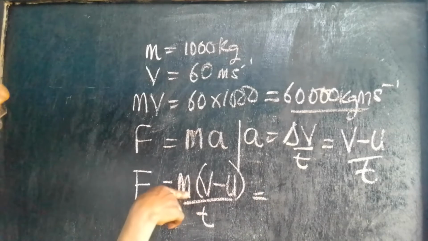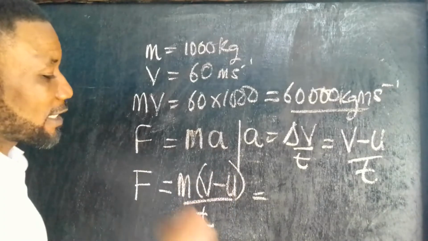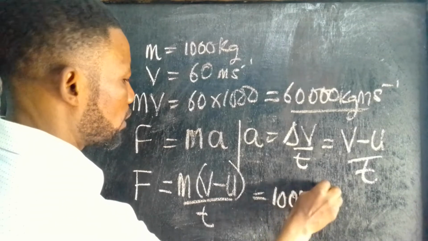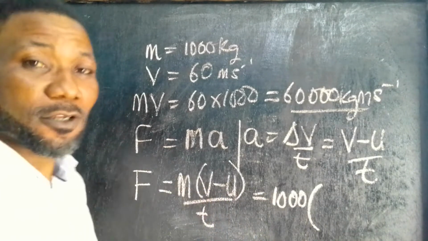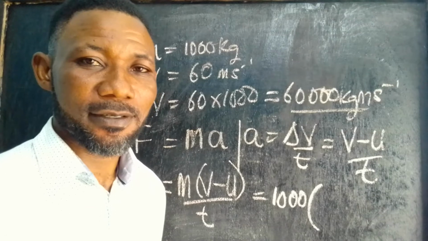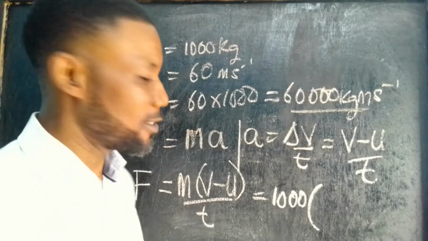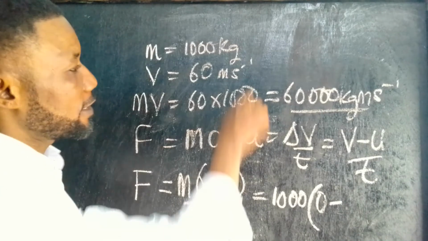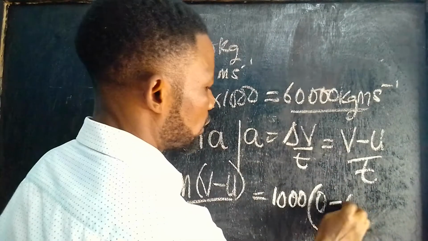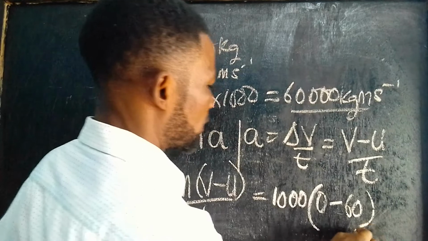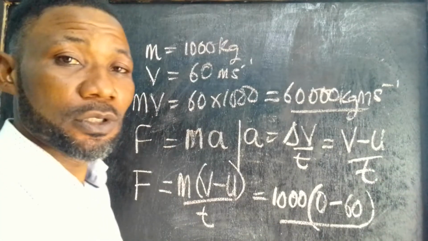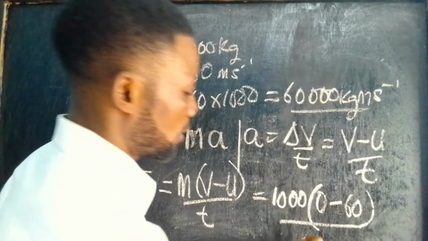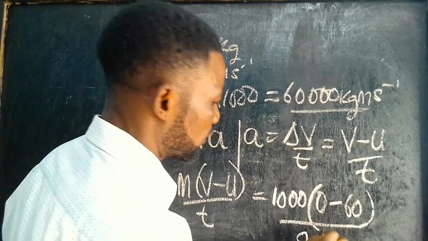Now, the mass of the car is 1000. It is brought to rest, so the final velocity is 0 and the initial velocity is 60, divided by the time. It is brought to rest in 0.5 seconds.